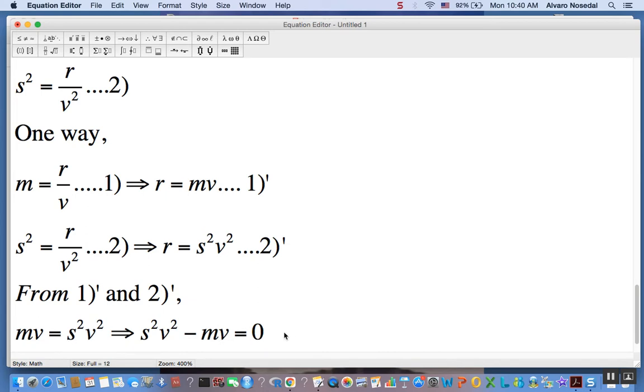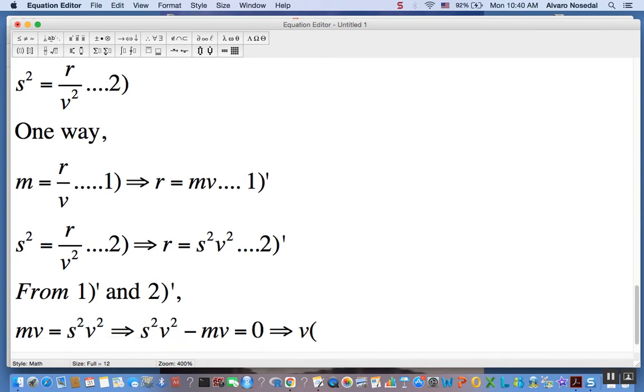Now, let's factor out one V, okay? So what we have here is V times S squared, that's our first term, times V, right? We need another V, minus M. We want that to be equal to 0.